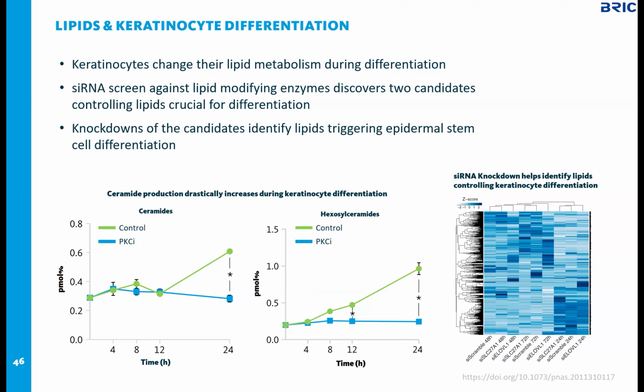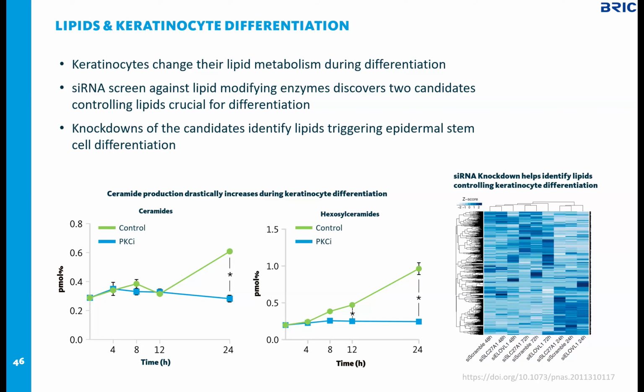These lipids were identified through this lipidomics analysis and siRNA screening of lipid modifying enzymes, and specifically knockdown of two genes, ELOVL1 and SLC27A1, led to accumulation of these lipid species, which were found to induce differentiation when added to primary keratinocytes in cell culture.